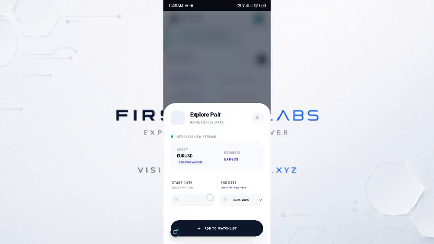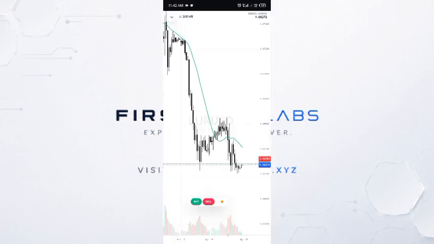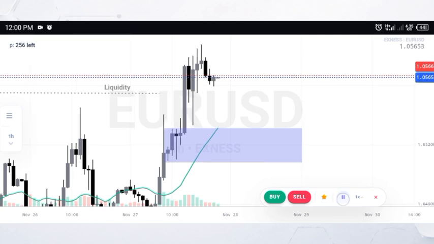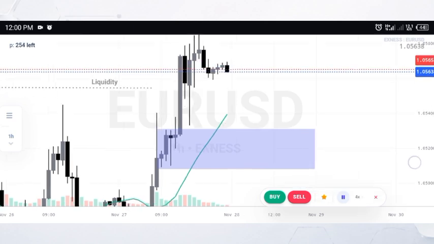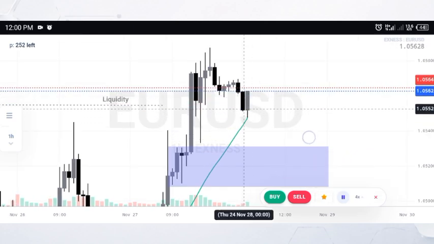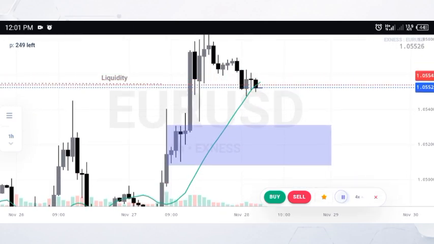Open the chart. Select the historical period you want to test. Then start replay mode. From that point forward, the market unfolds one candle at a time, just as it would if you were trading live. This removes hindsight bias and creates a much more realistic testing environment.